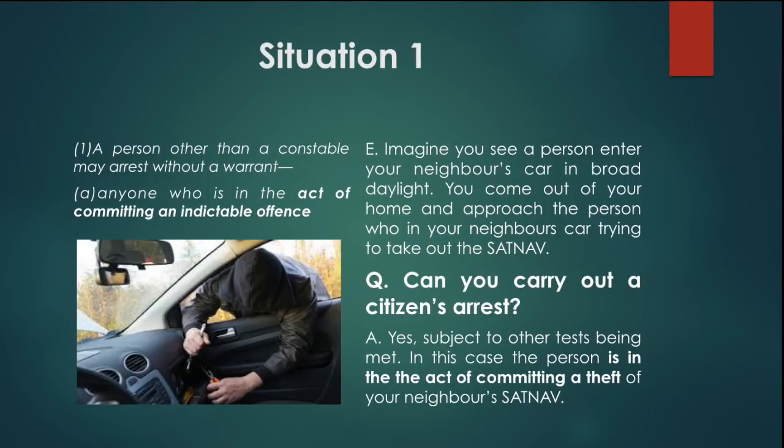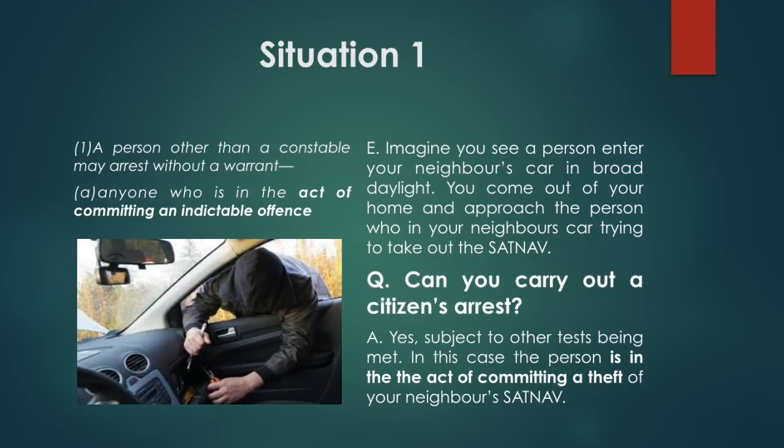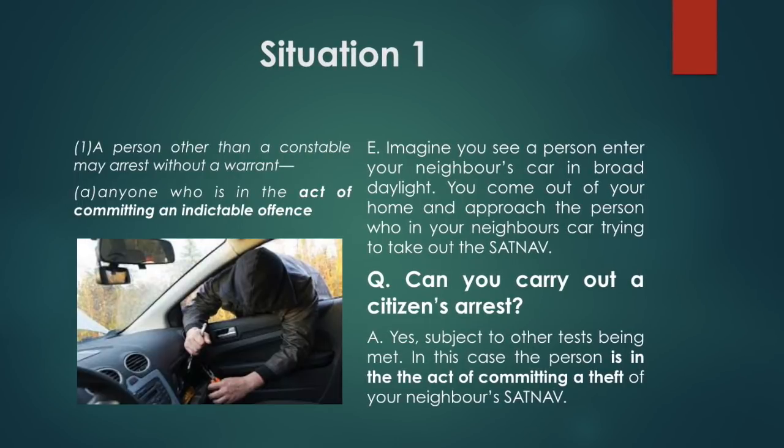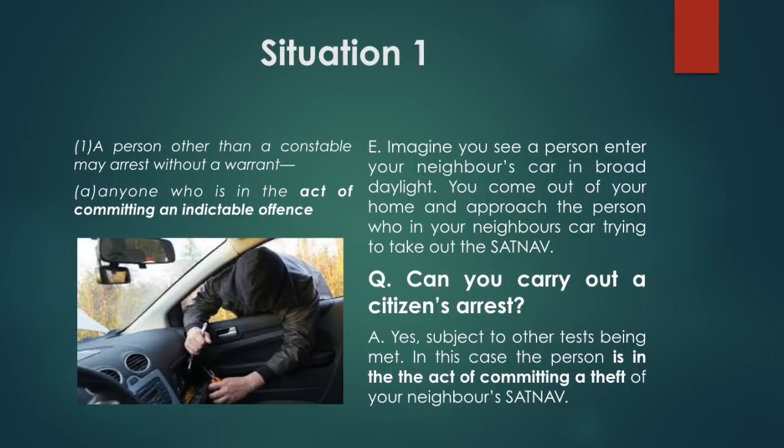So for example, remember scenario 1 earlier? Imagine you see a person enter your neighbour's car in broad daylight. You come out of your home and approach the person who is in your neighbour's car trying to take out the sat-nav. Can you carry out a citizen's arrest? Answer, yes, subject to the other tests being met. In this case, the person is in the act of committing an offence of theft of your neighbour's sat-nav.